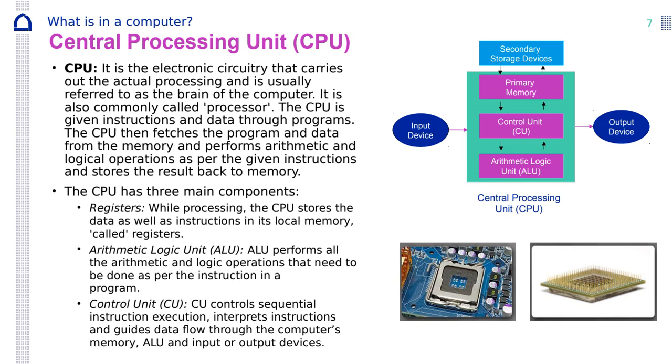The data flow is managed by the control unit. That is why we call it the control unit. But who is doing the arithmetic operations? The CPU. Which part of the CPU? ALU.